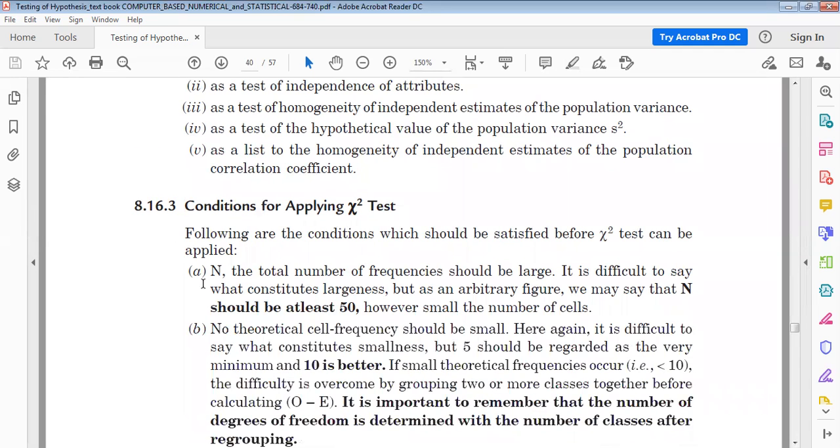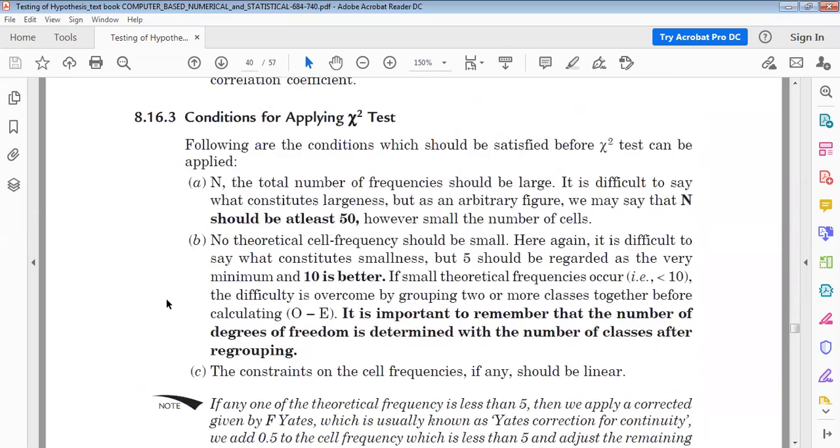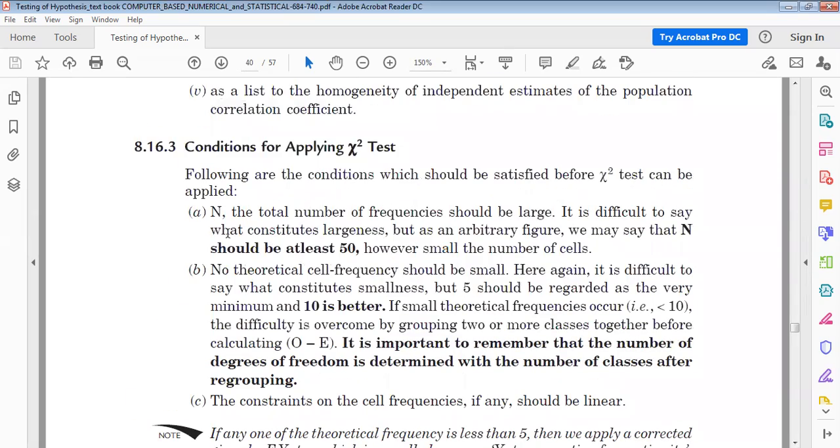Now, conditions for applying the chi-square test. There are three conditions actually. The total number of samples, capital N, should be at least 50. Then, the theoretical cell frequency should not be small.